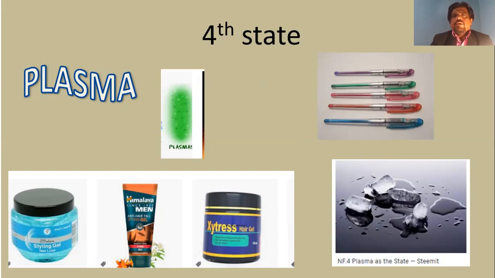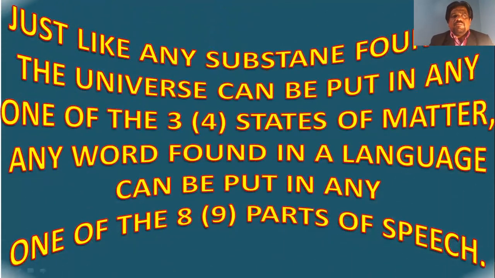Again, you may be a little confused why I speak about the 3 or 4 states of matter when I intend to teach parts of speech. And here comes the explanation.